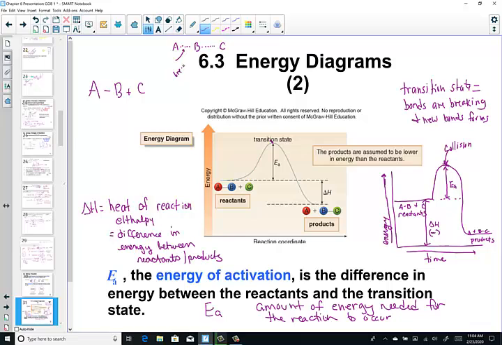Bond is breaking between A and B, and the bond is forming between B and C. That's what's happening at the top of this energy hill. Bond breaking, A to B, new bond forming, B to C. And we want to label that as breaking and forming.